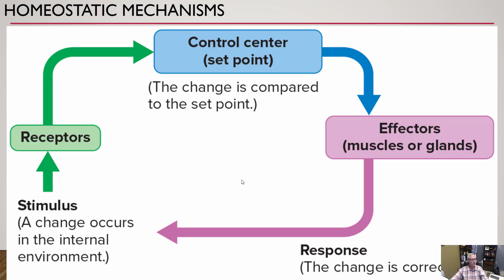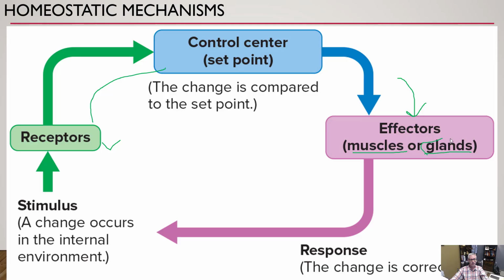So kind of here's a picture version. We have those receptors, and that information is then sent to the control center, which is typically going to be that hypothalamus, where it's going to compare whatever we're looking at to that typical set point. If we're talking about our temperature, we're going to compare it to 98.6. And then if something needs to happen, it's going to send signals to that effector, which is always going to be a muscle or a gland.